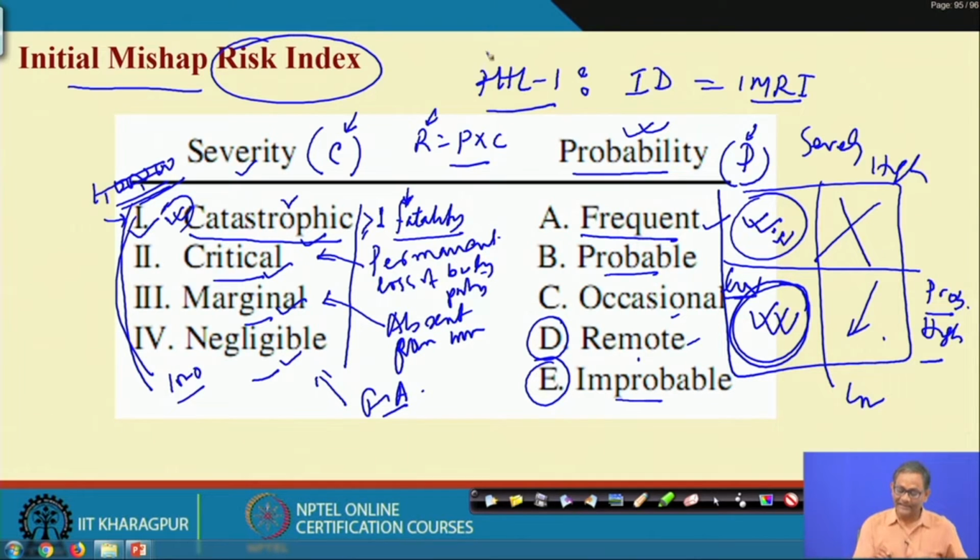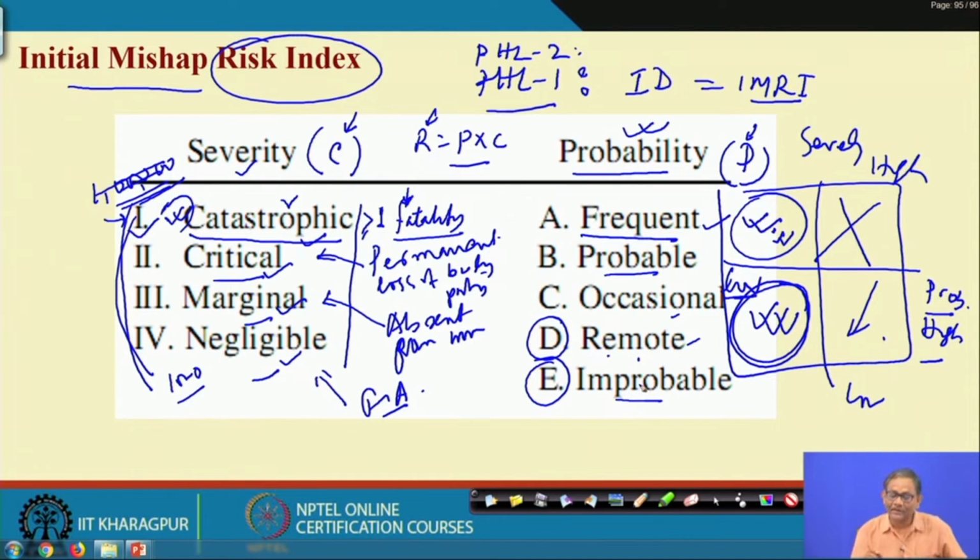For the second hazard, suppose PHL 2, you may say, for example, here PHL 1, the missile body that crashes, is catastrophic, but it may be a remote possibility.